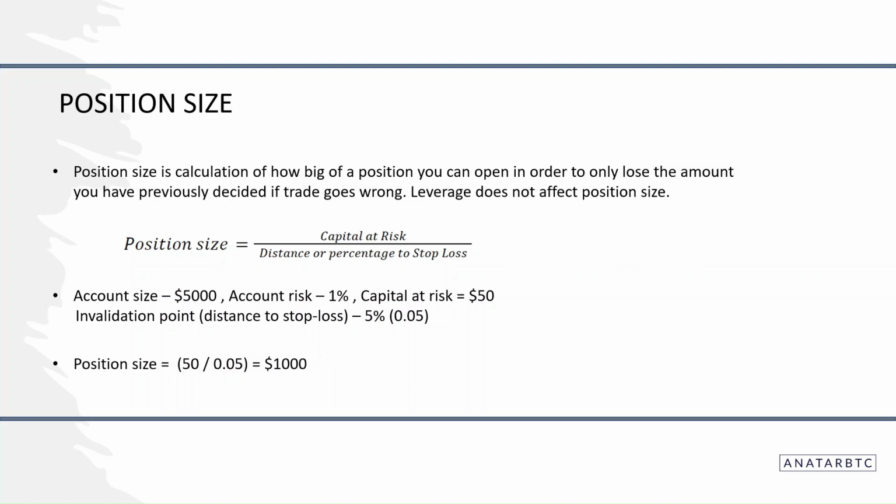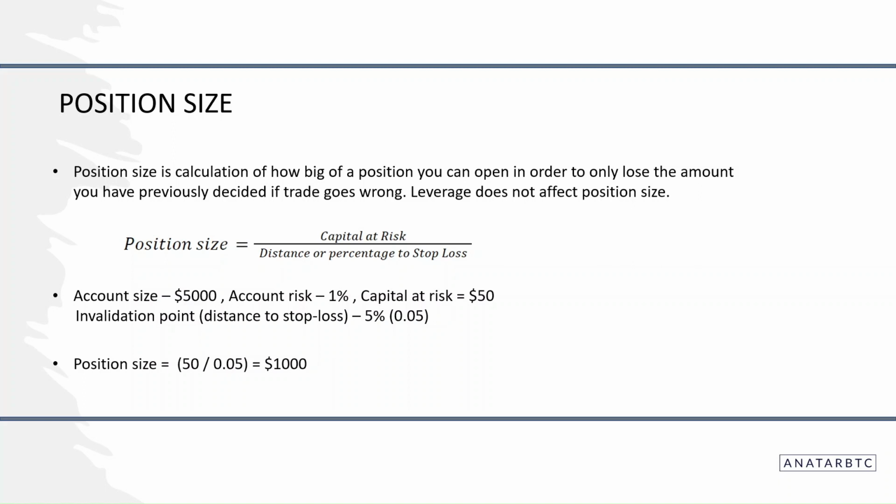Now you can take your trade on any leverage on the basis of this position size. For example, if you want to take a trade at 10x leverage, then you have to use $100 margin so that your position size remains $1,000. Position size is basically your margin which you are trading with multiplied by your leverage.